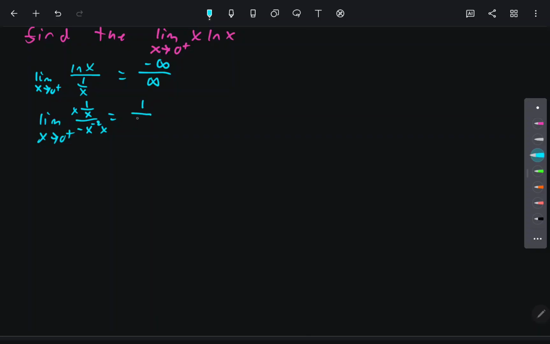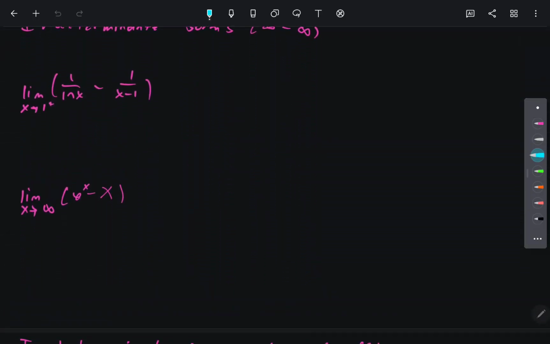So we get 1 over negative x to the power of negative 1. And now, as this approaches 0, this denominator is going to be going to negative infinity. And because we're dividing by infinity, the limit is going to go to 0.